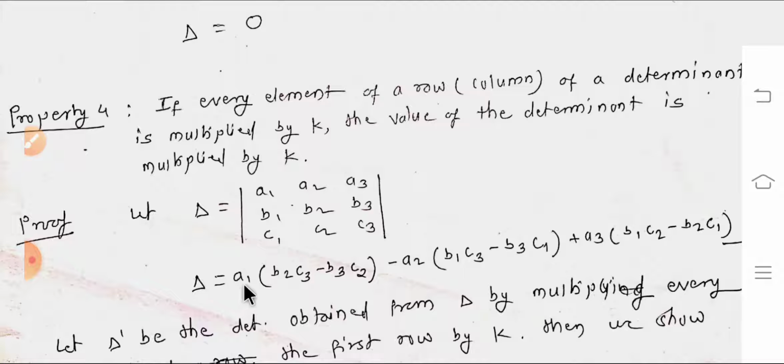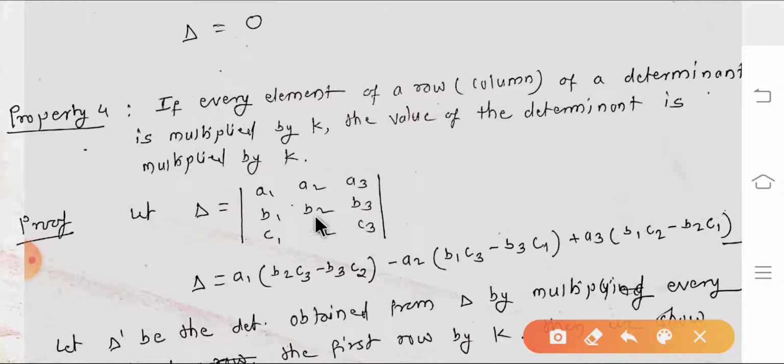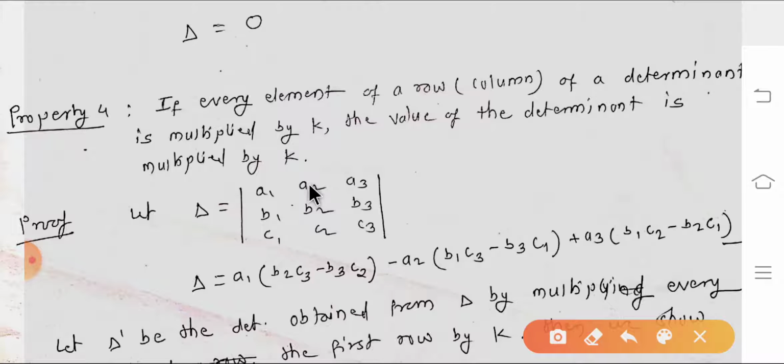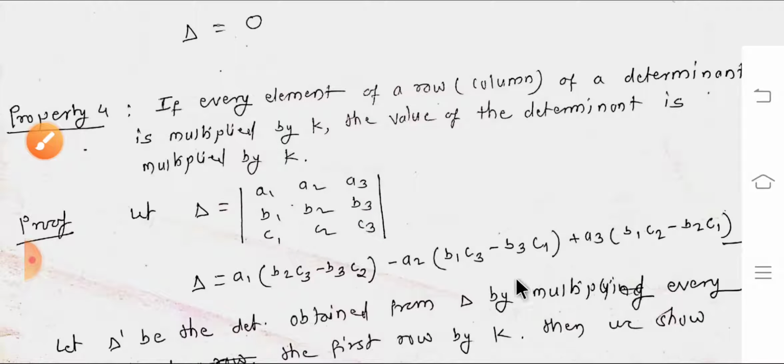So the delta expansion is a1 into bracket, neglecting this row and column, b2 c3 minus b3 c2, minus a2 neglecting this row and column, b1 c3 minus b3 c1, plus a3 neglecting this row and column, b1 c2 minus b2 c3. Consider this as equation 1.